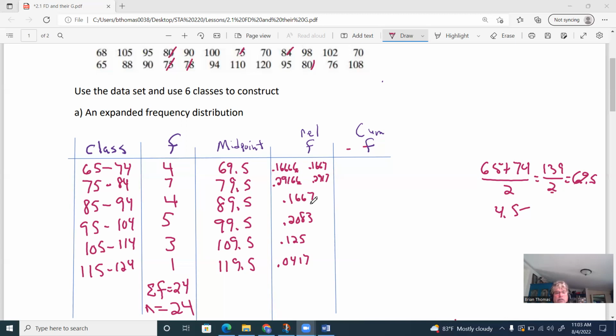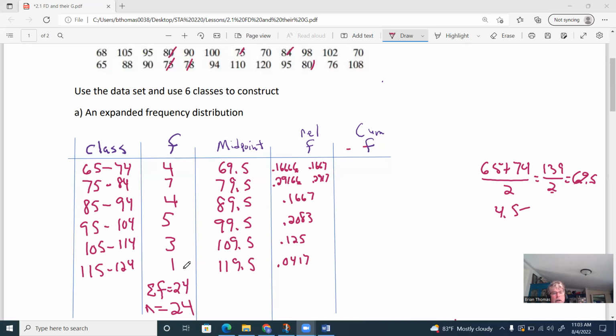For the next one, I got this frequency of 5. So the relative frequency would be 0.2083. The next one, the frequency was 3, so the relative frequency was 0.125. I actually didn't have to round it. That was an exact answer if I was rounding to 4 places. So I could put a 0 there if I needed to, but I don't have to.